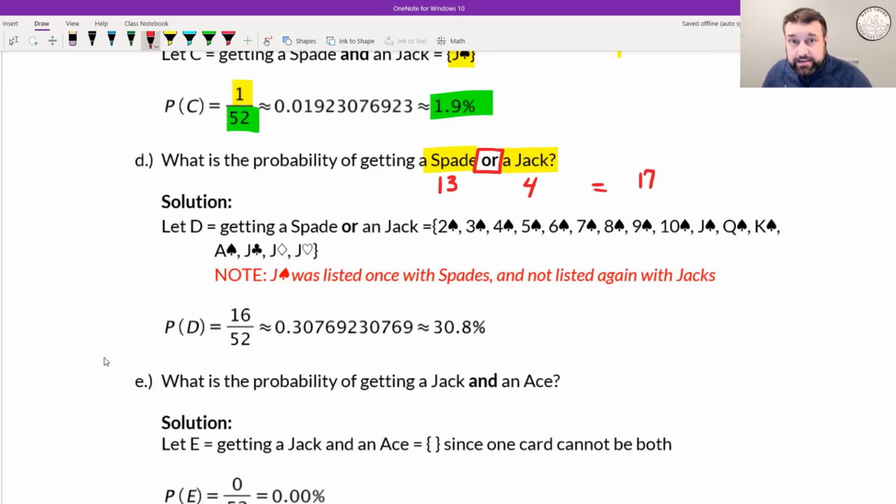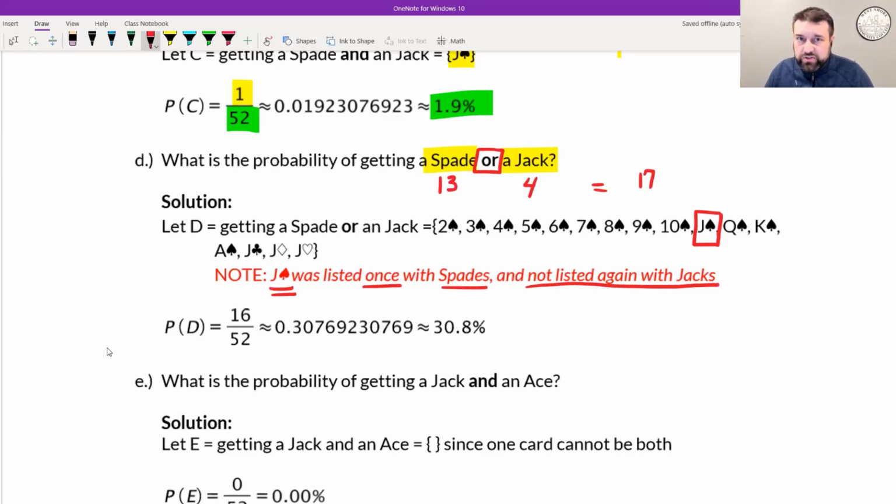But it's not 17. The reason it's not 17 is because we counted the Jack of Spades with the spades. And once you count something, you cannot double count it. Notice the Jack of Spades was listed once with the spades, and it's not listed again with the jacks. So when you're doing these probabilities with the or, you cannot double count a card.